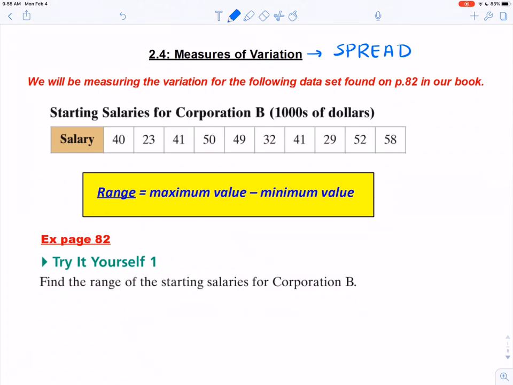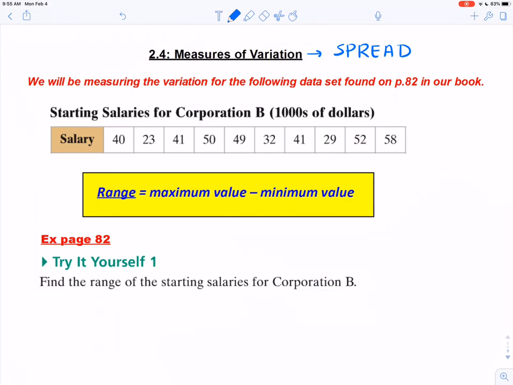So we're going to start with a very simple measure of variation, and that is just to look at the range of a data set. Now the range does nothing more than look at how far it is from the smallest data value to the largest data value.